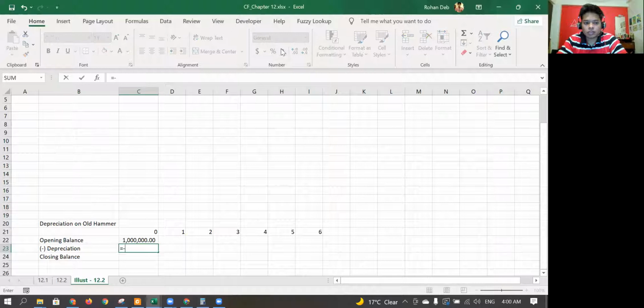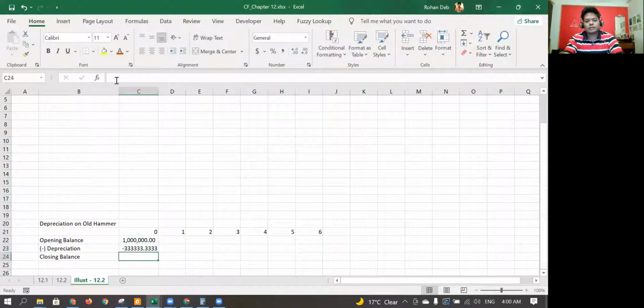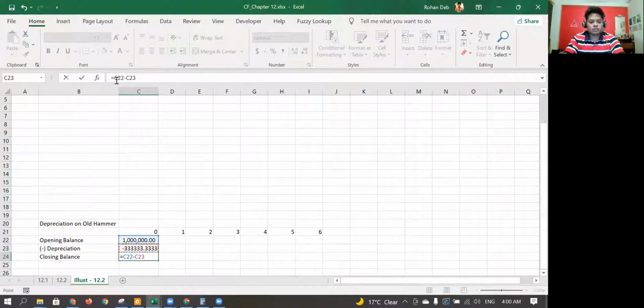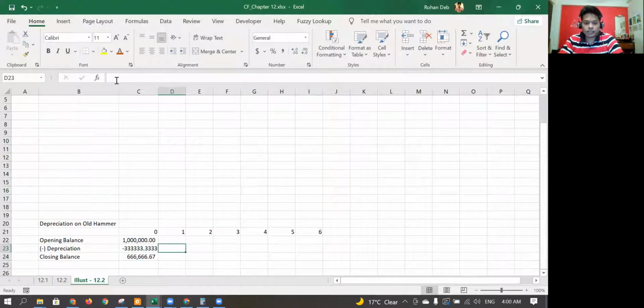So equal to opening minus 33.33%, equal to this divided by 3. Okay, equal to this minus this. Okay, so this is my ending value.